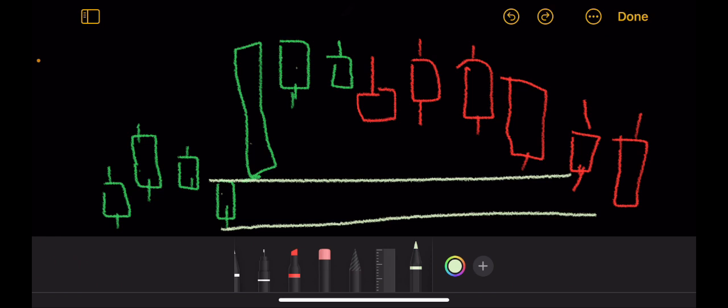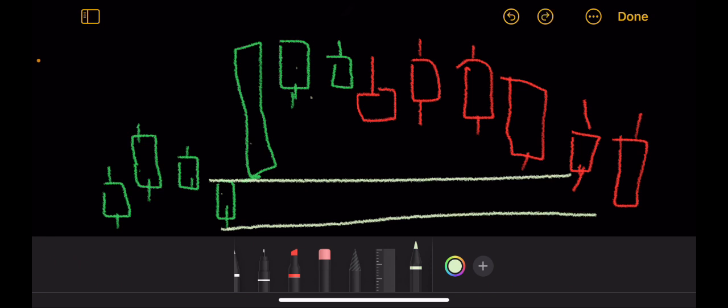Now, when you have a fair value gap, so just say you have a bullish one, you get an impulsive move up. What it's normally going to do at some point is come back down and test this area right here, this demand or order block area.